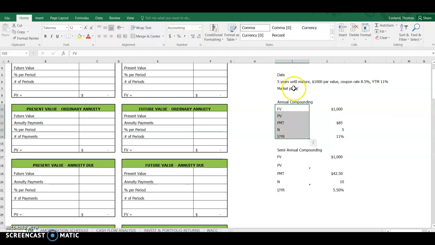So in this case, with an annual compounding period, we know that at some point we're going to receive our face value of the bond, that $1,000. Because this is an annually compounding bond with an 8.5% coupon rate, we don't actually use the 8.5% anywhere in the formula, but we do use the coupon rate to figure out the annuity payment.